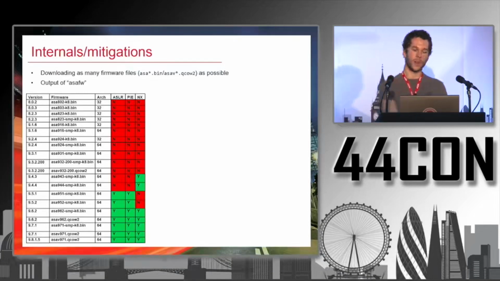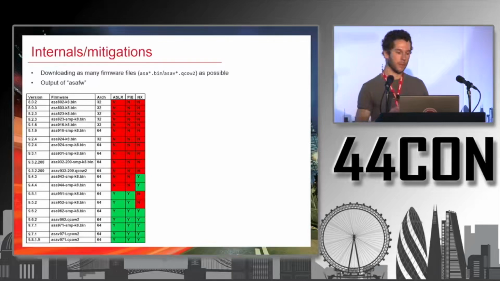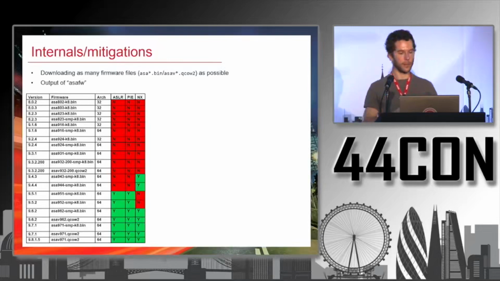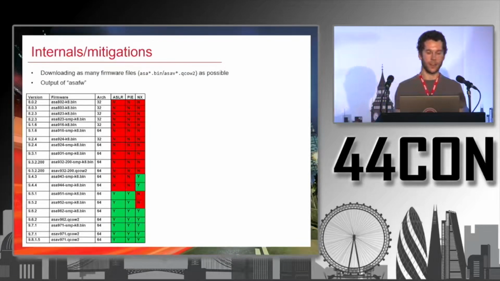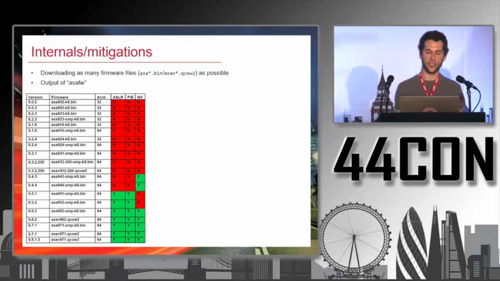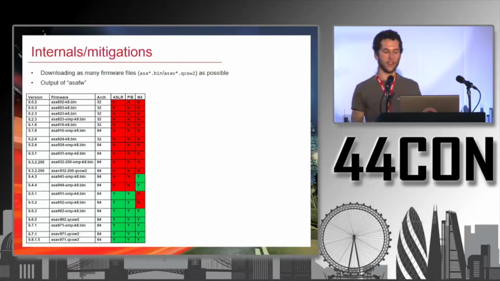What is interesting as well is they didn't enable NX the same way. You can see below 9.3.2, they didn't have ASLR and they didn't have NX, but they enabled NX on the 9.4.3 and 9.4.4 branches, but they didn't enable it on the 9.5, and instead they had enabled ASLR on this one.